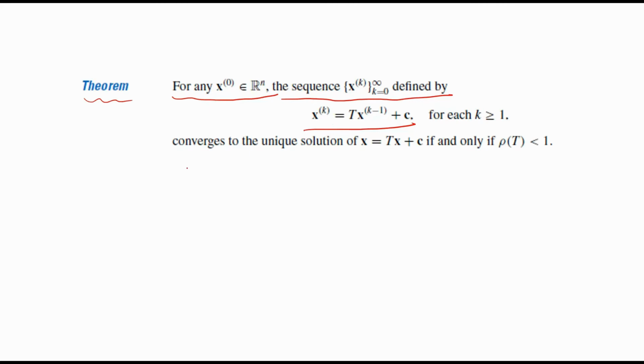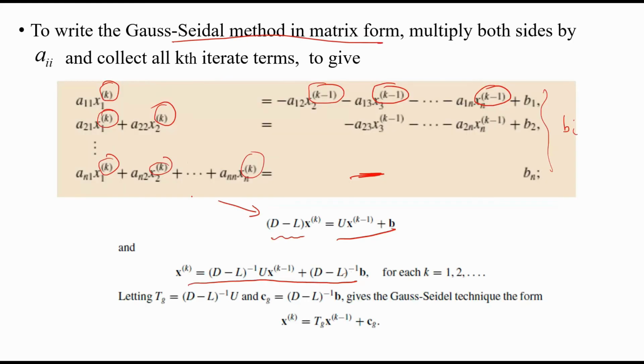converges to the unique solution if and only if rho of T is less than 1. This is the spectral radius of T. So what you need to do is that you have this T matrix and you will find out the spectral radius of this T, and if it is less than 1 you will say that for any choice of the initial condition my iterative technique will converge to the unique solution. So in the Seidel method, what is your T?